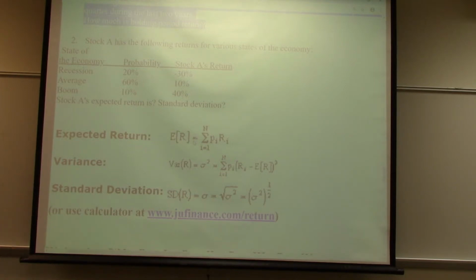Use this calculator and tell me how much is standard deviation. And you want to try the math equation? Standard deviation is 22 point. How much is the expected return? 1%. Can you write down the math equation? No, I use the calculator.